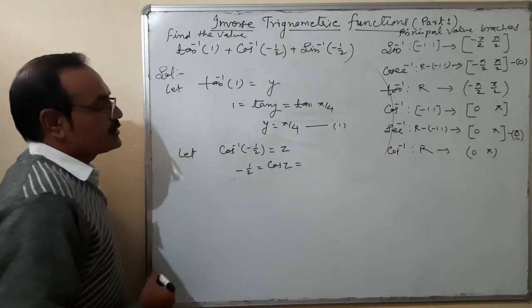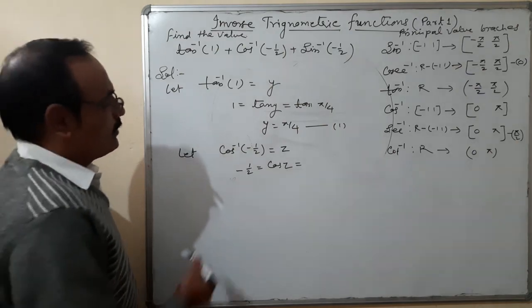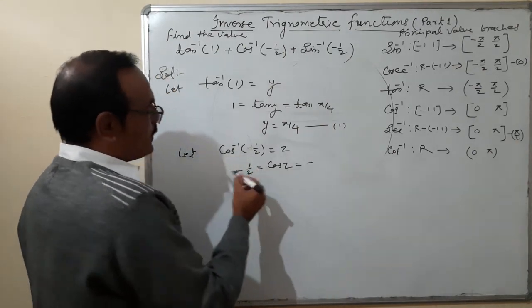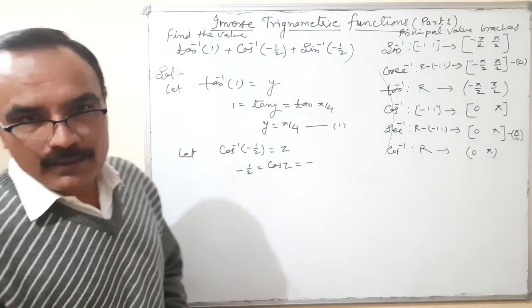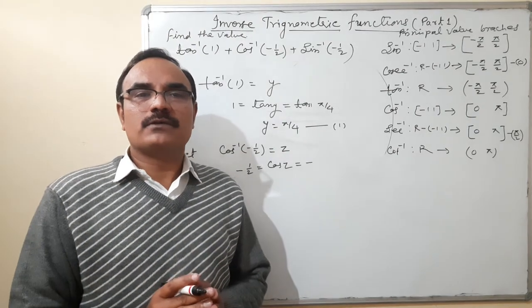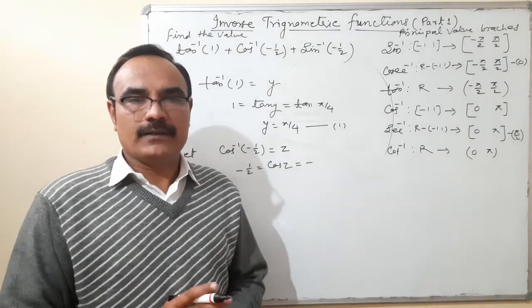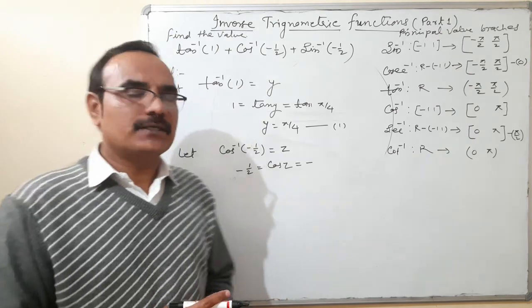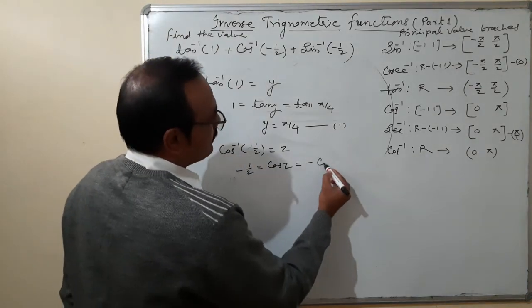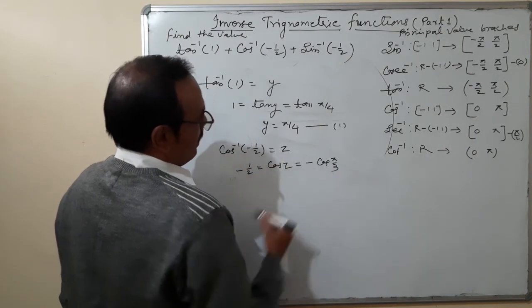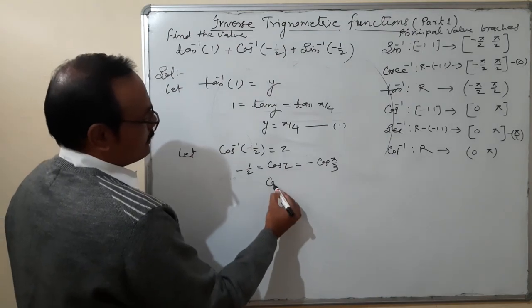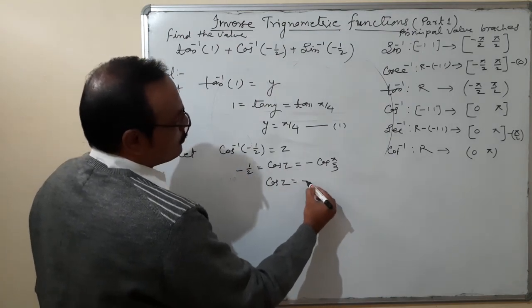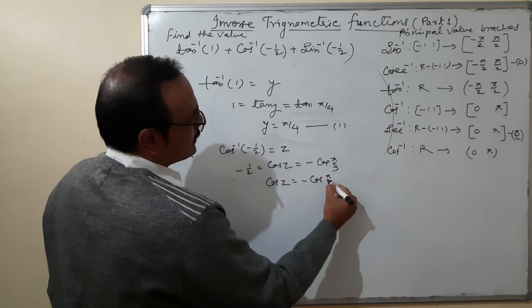It means cos z is equal to minus 1 by 2. What is the value of 1 by 2 in cos? Cos 60, that means pi by 3. So may I write here cos pi by 3? Cos z is equal to minus cos pi by 3.